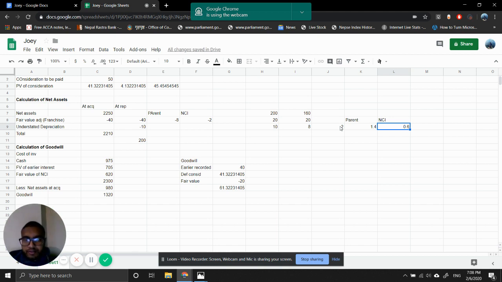And then after that, what else do we need to worry about? Anything else? I don't think so. So our goodwill will be 2210.